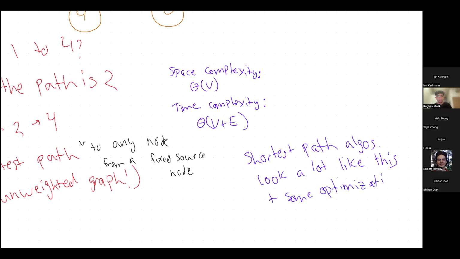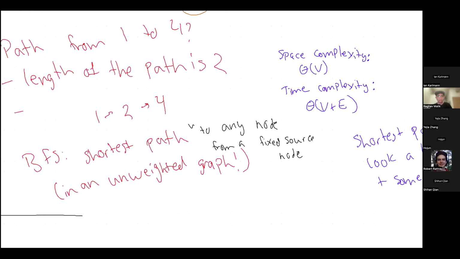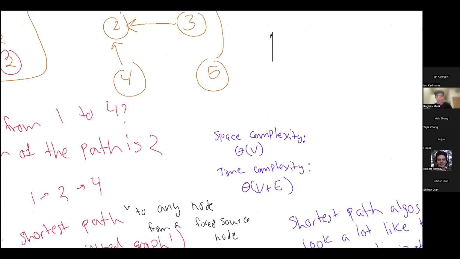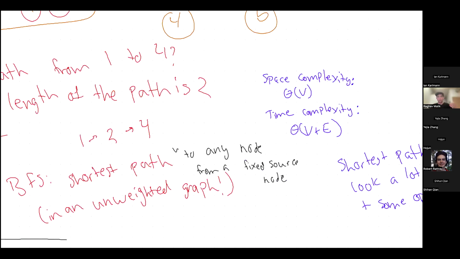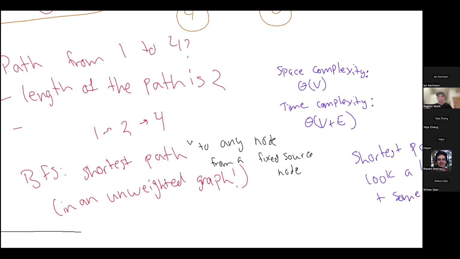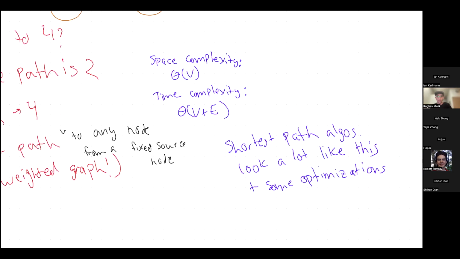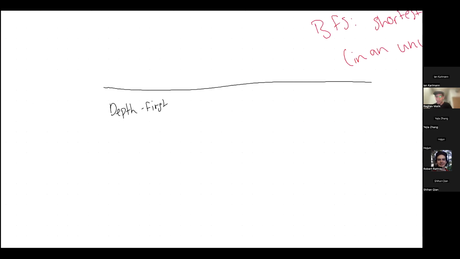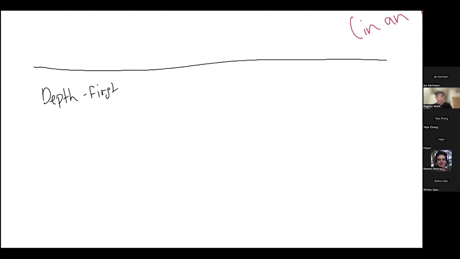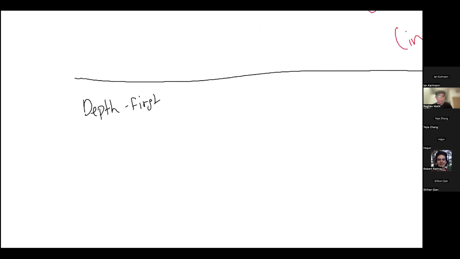For example, instead of inserting things into a queue, we're going to be more clever about the order in which we visit vertices to make sure that we still find all the shortest paths, but prioritize getting to the place that we want faster. And we'll talk more about that. But here we go. All right.